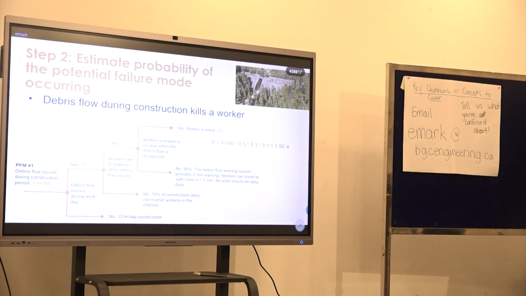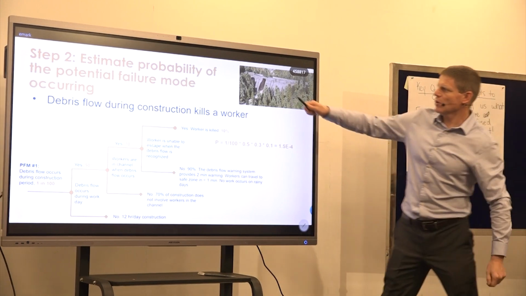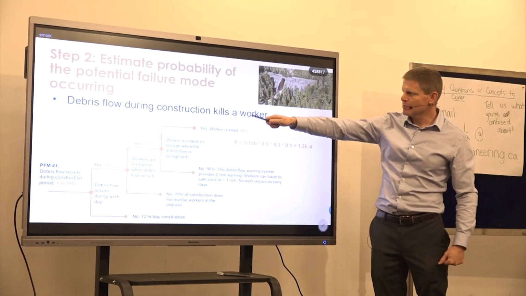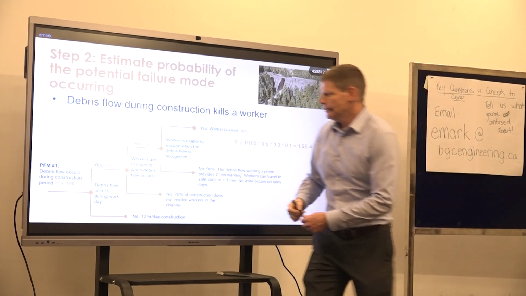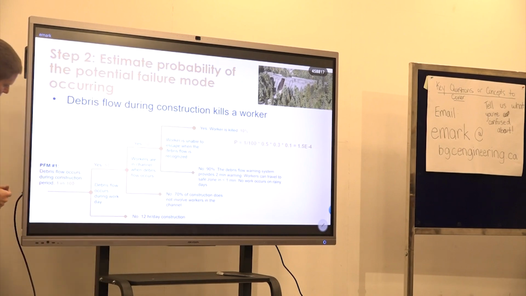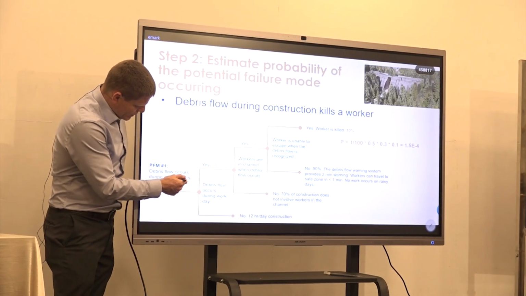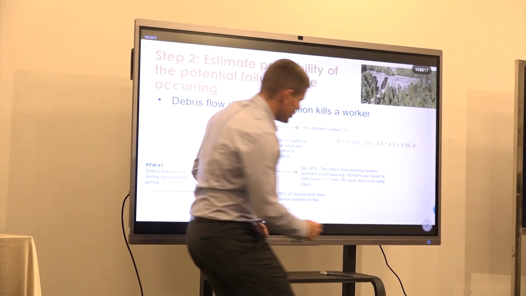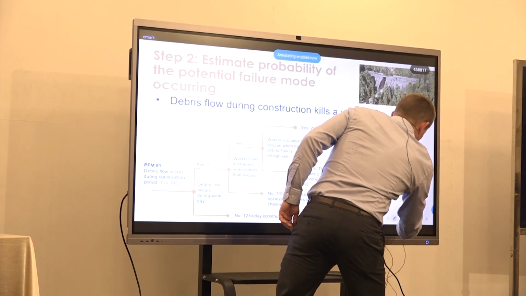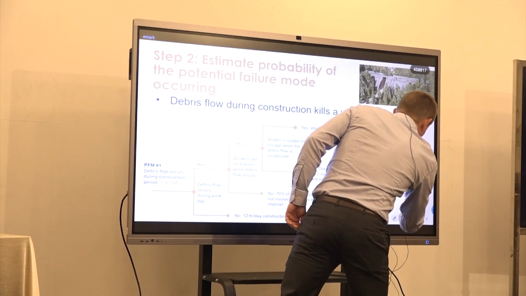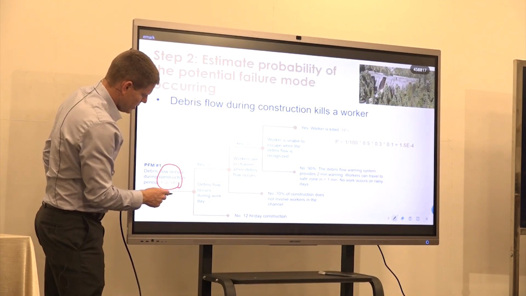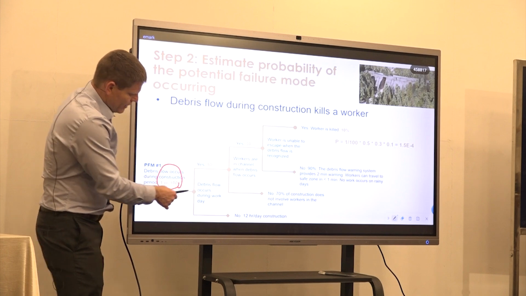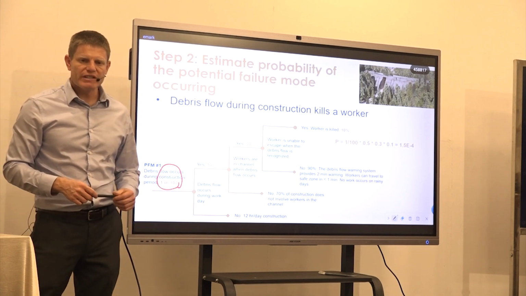All right, we'll do one more. So let's look at the probability that a debris flow during construction kills a construction worker. The probability of a debris flow occurring during construction, let's say that's 1 in 100. And then the construction only happens during the day.